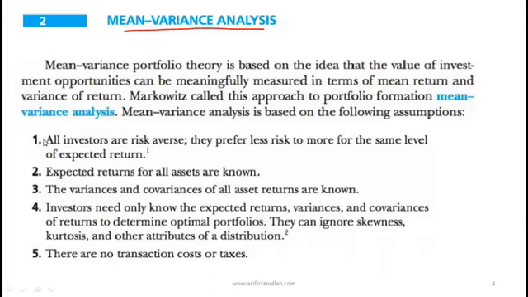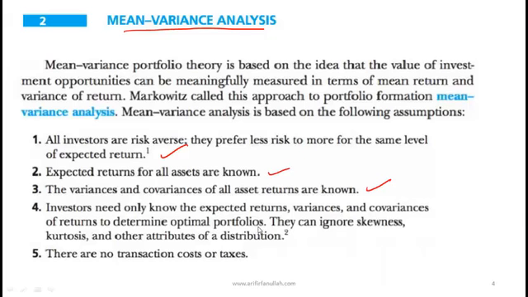Now I'll just read this for you to help you remember this. All investors are risk averse. They prefer less risk to more risk for the same level of expected return. Expected returns for all assets are known. The variances and covariances of all asset returns are known. Investors need only know the expected returns, variances and covariances of returns to determine optimal portfolios.